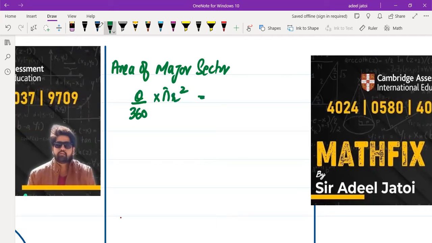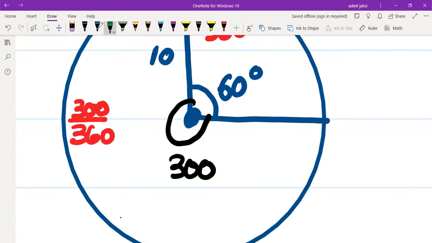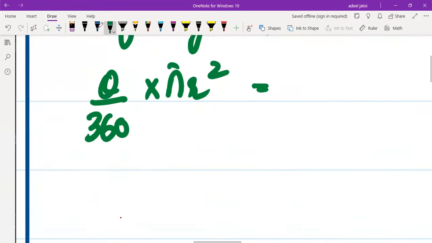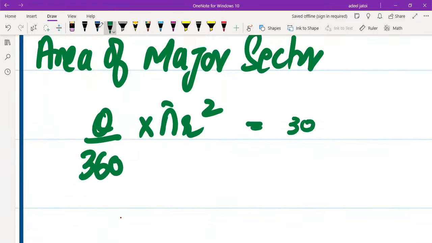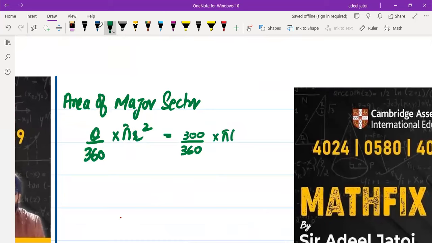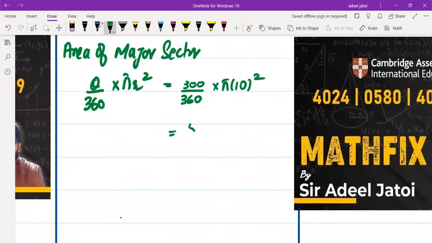It's just that you need to understand which angle to use. The angle of the major sector is 300. So 300 divided by 360, because 300 is the angle, multiplied by pi 10 square. This should be 5 upon 6, multiplied by 100 pi.